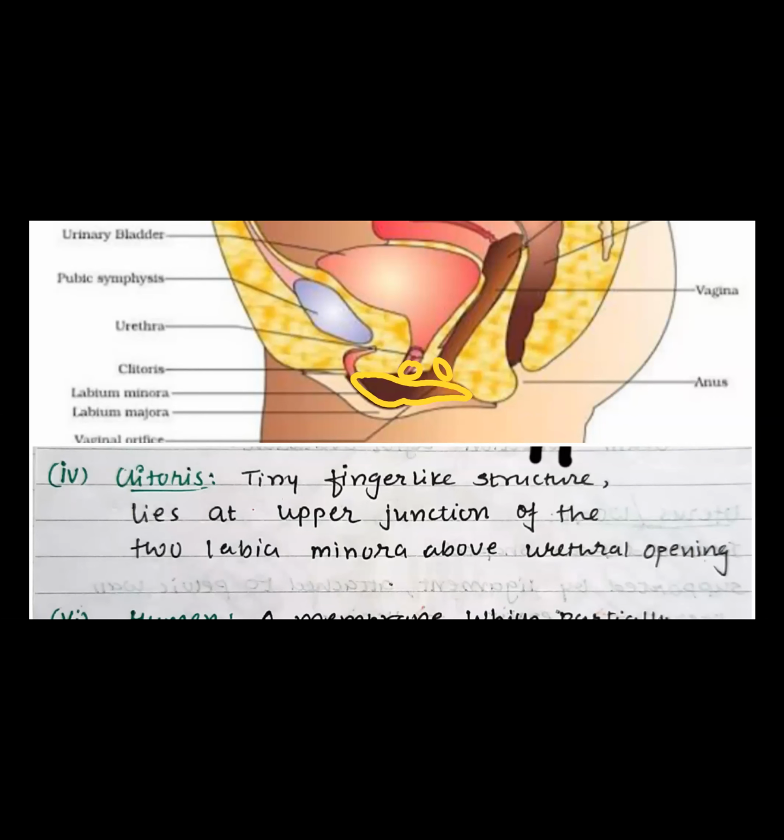Two, it has some erectile tissue, very much like the erectile tissue of the penis. Obviously the penis is much larger than this small elevation, but the common feature is that both possess erectile tissue.